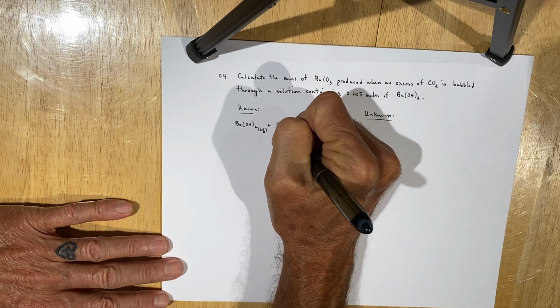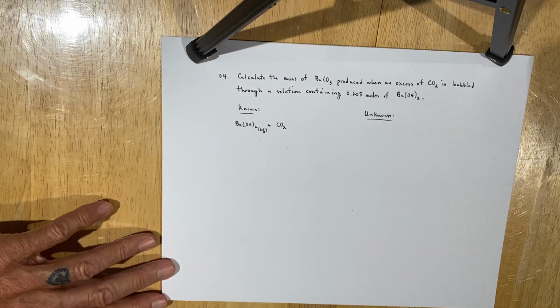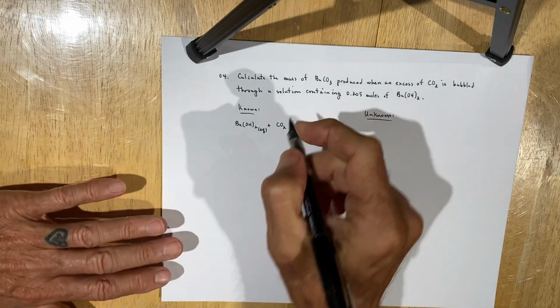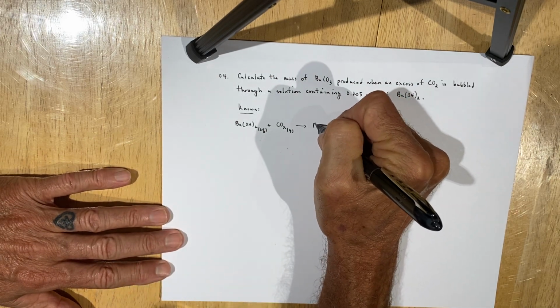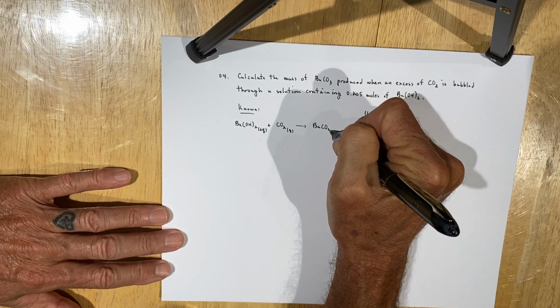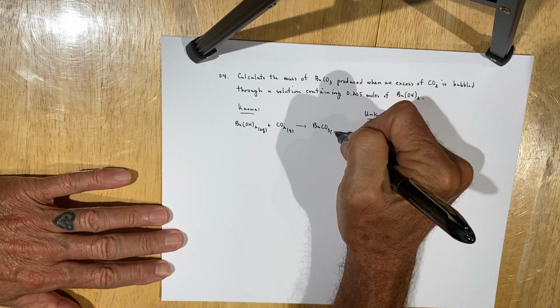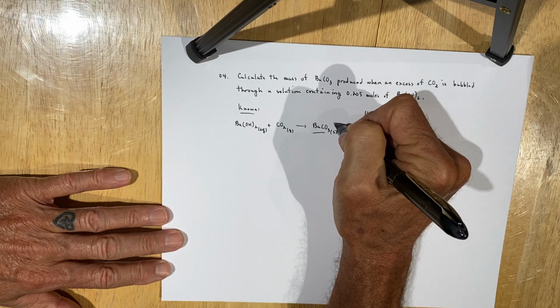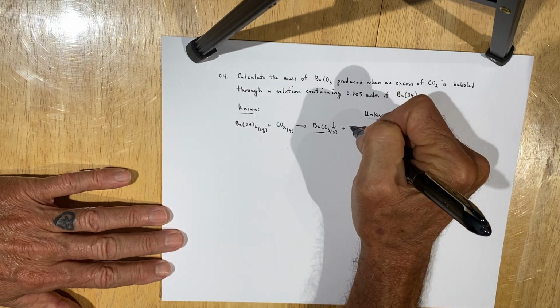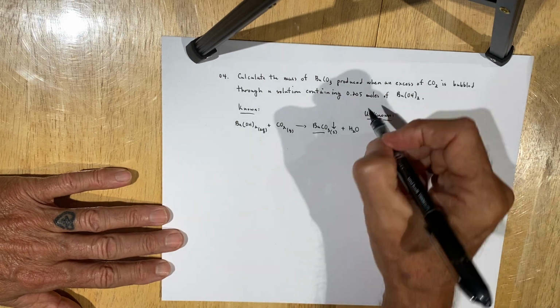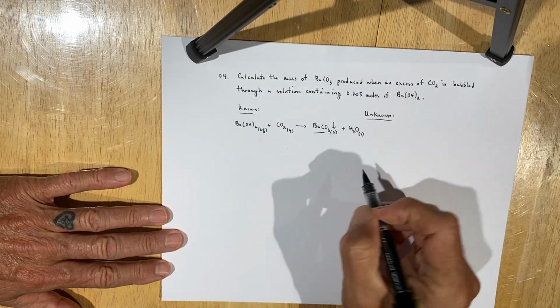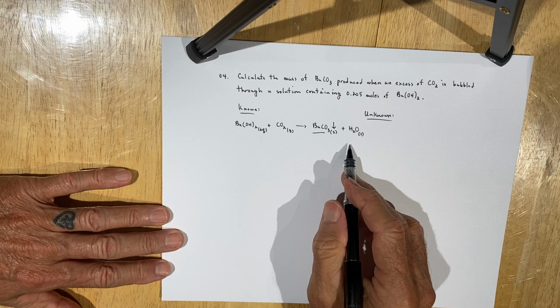And to that, you're going to bubble carbon dioxide gas through the solution to produce a precipitate called barium carbonate, which is a white precipitate, by the way, which will be a solid substance, plus water. That being said, water is an unionized substance, which is a liquid.